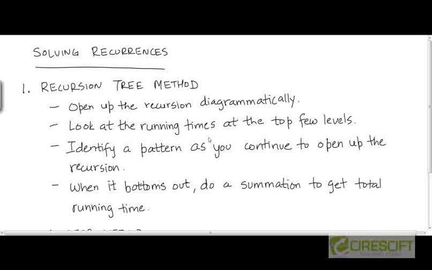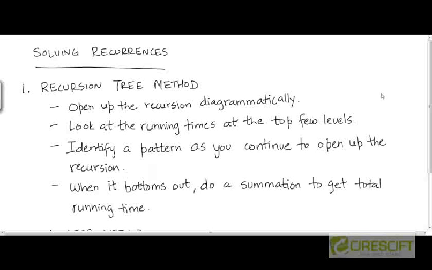Then we look at the running times, or the level sums, by summing up the costs of the nodes within each level at the top few levels. We write down what the level sums are for the top few levels, and then we identify a pattern as we continue to open up the recursion for smaller and smaller subproblems down the tree.